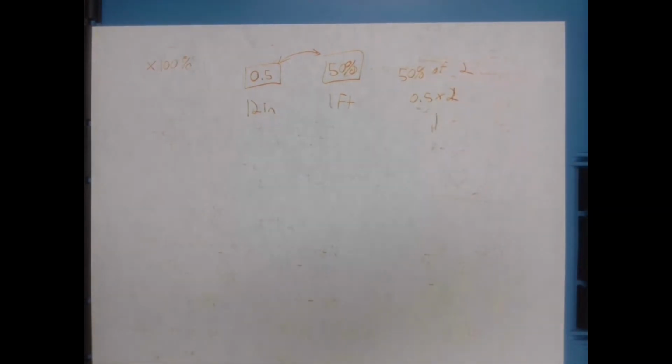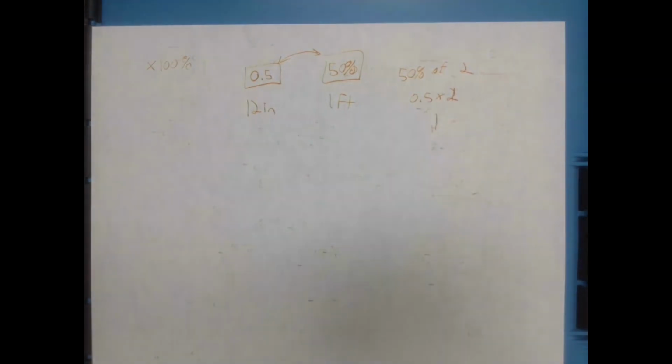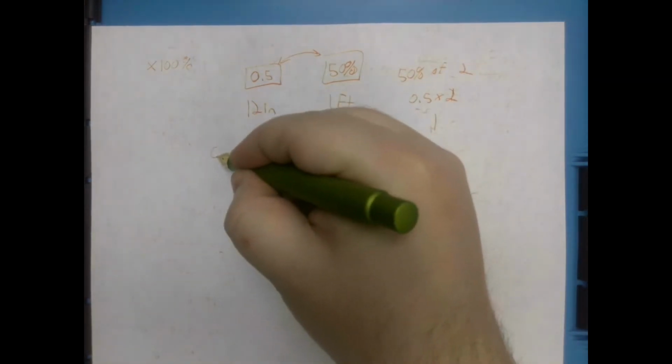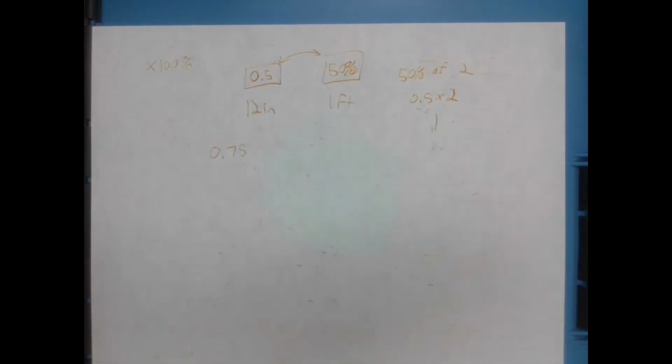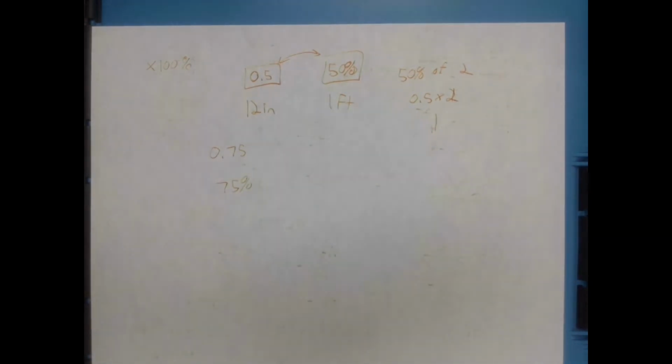This was more aimed at my 6th period class that kept getting confused, because when I'm writing this down, I will occasionally leave it as 0.75 and say 75%. Or I'll occasionally write and say, well, this is 0.75.